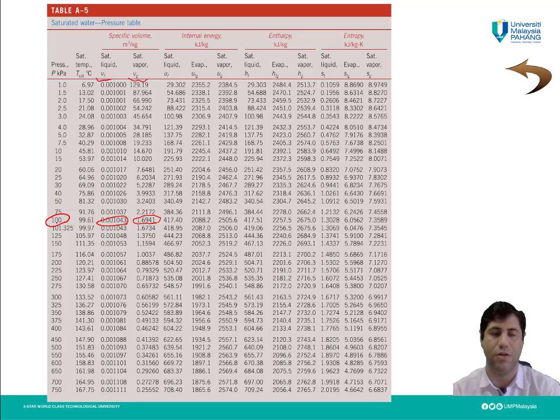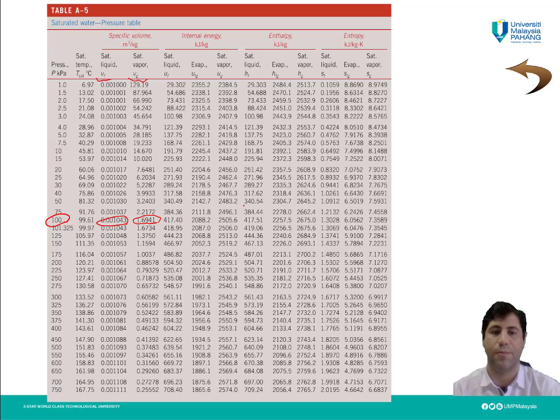This is the pressure, which we know. This property is very important, and we can use this because it is mentioned that during this phase change process, the pressure is constant. So both hg and hf can be determined by this table because the pressure for both of them is 100 kilopascal. So again, 100 kilopascal.